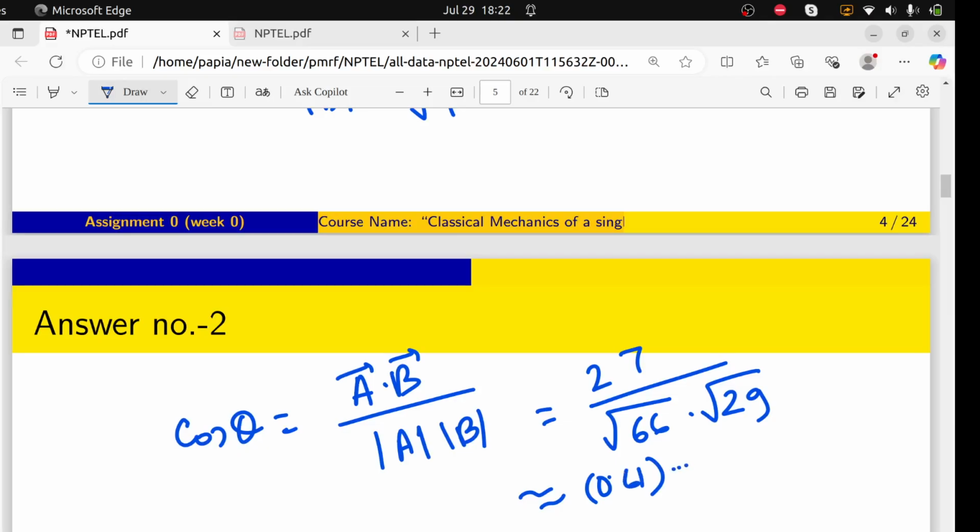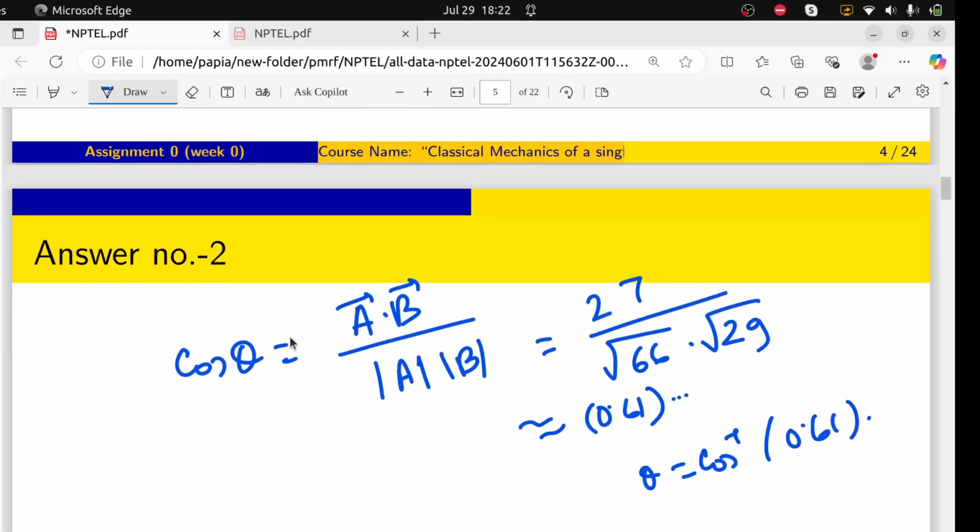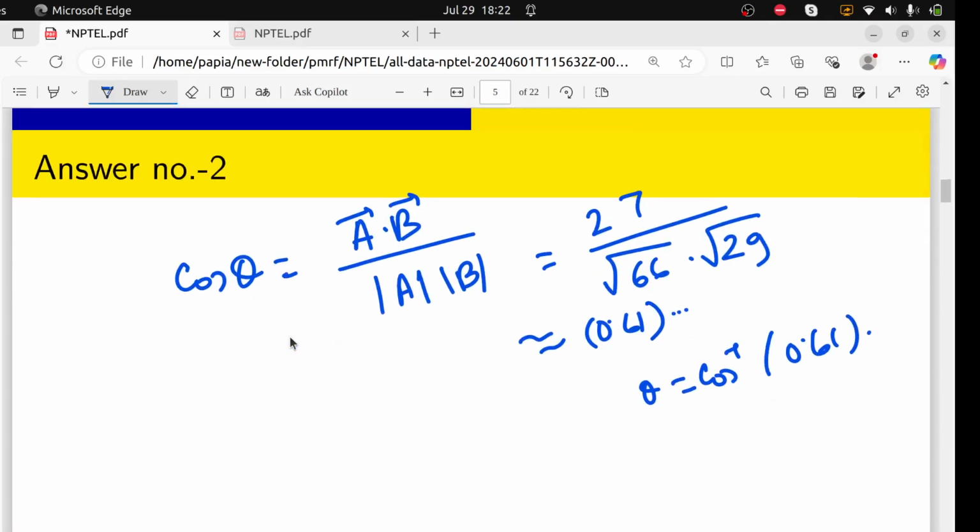If you calculate the value of theta, then theta equals cos inverse of that. It's not exactly a trivial thing, but you should know the procedure for how to calculate it. So you can take a calculator, calculate these things, and also calculate cos inverse 0.61, and you will get the answer.